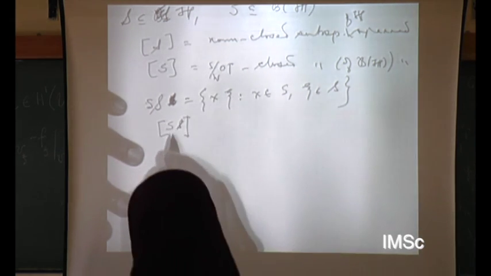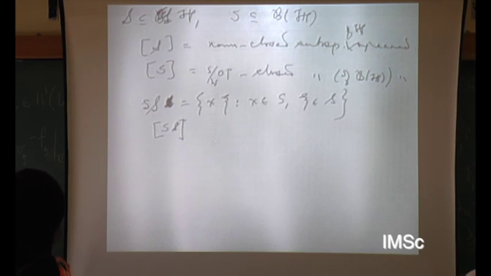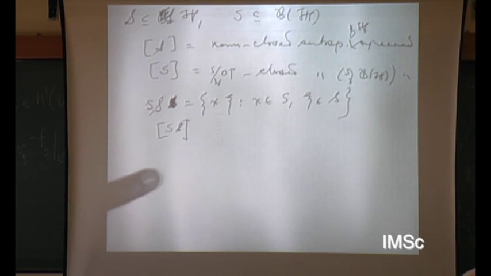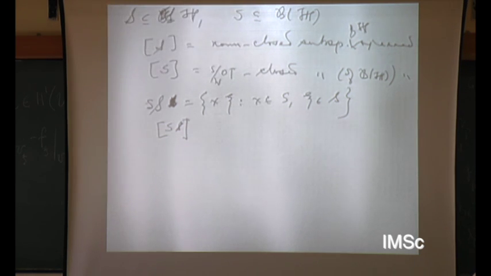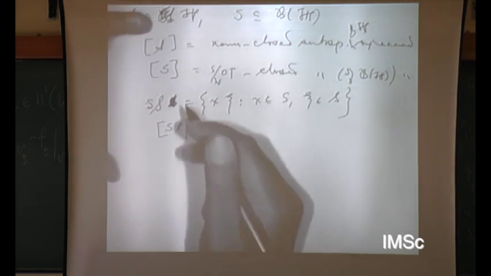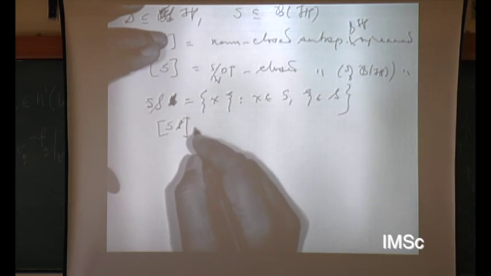This is the smallest closed subspace spanned by vectors of this form, right? So you must see that.